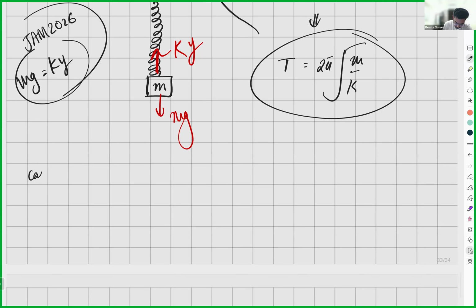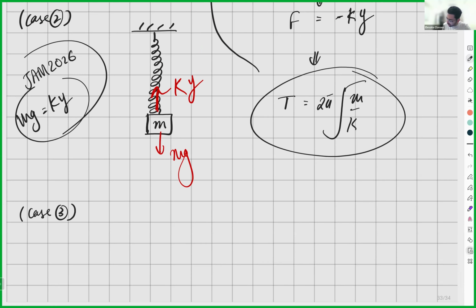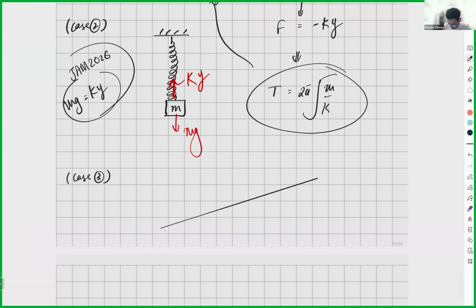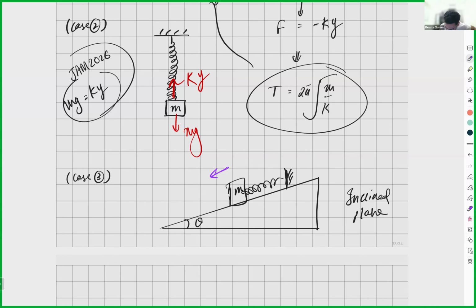Now, you guys have to tell me one answer. Let us say this is theta, an inclined plane, and I have a spring mass system over here. Again, the block is in equilibrium, and you give a slight displacement down the incline by x, let us say.